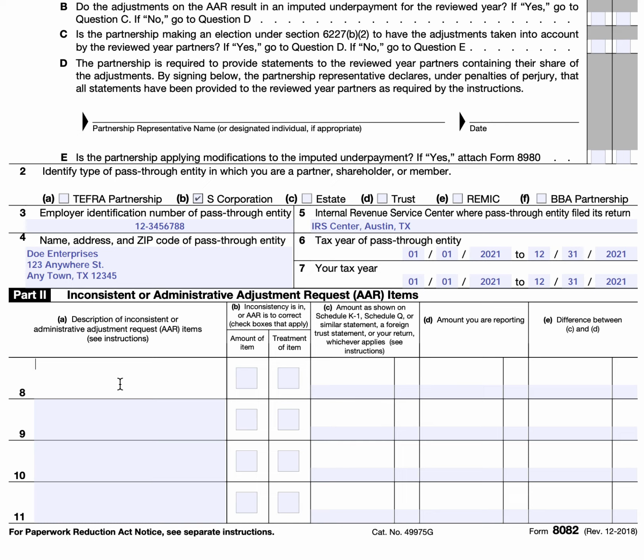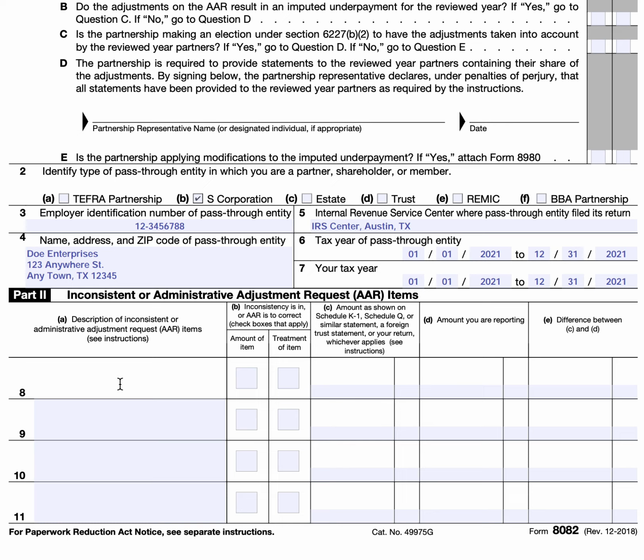The form instructions have different scenarios based on TEFRA partnerships and ELPs filing an AAR. Those probably will not apply because those procedures were repealed for tax years 2018 and later, but the IRS instructions still have a reference to ELPs.